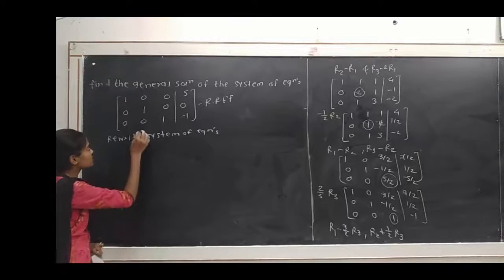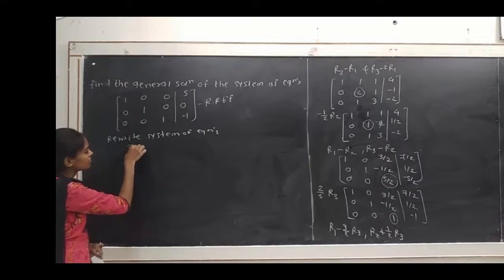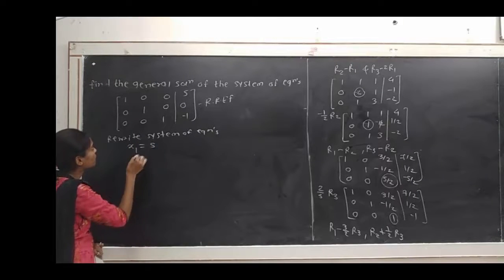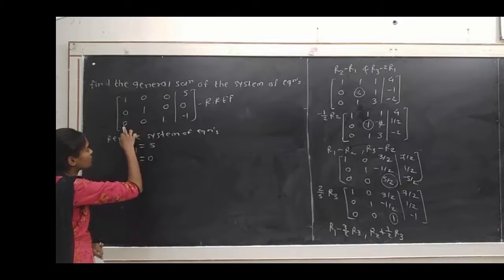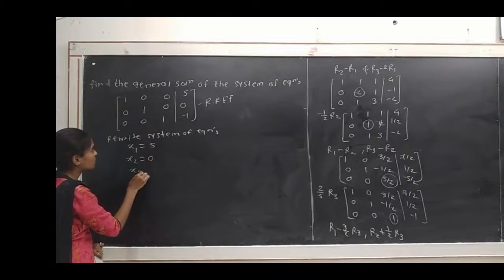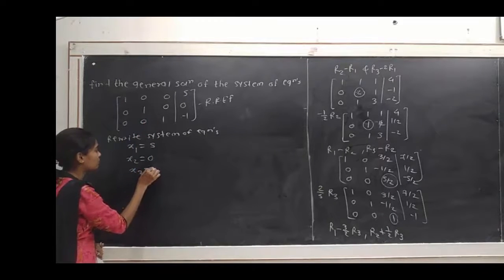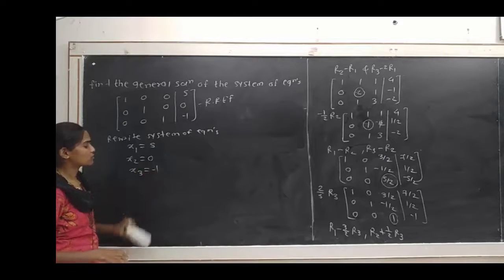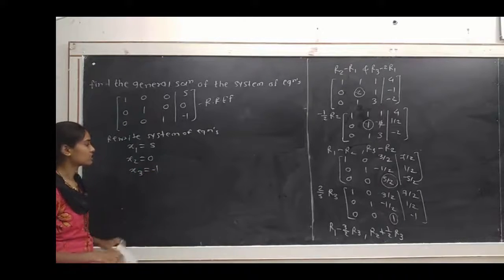Rewriting the system, we get directly the value of x1 is equal to 5, then x2 is equal to 0, and the last equation 0x1 plus 0x2 plus x3, that is x3 is equal to minus 1. So 5, 0, minus 1 is the solution.